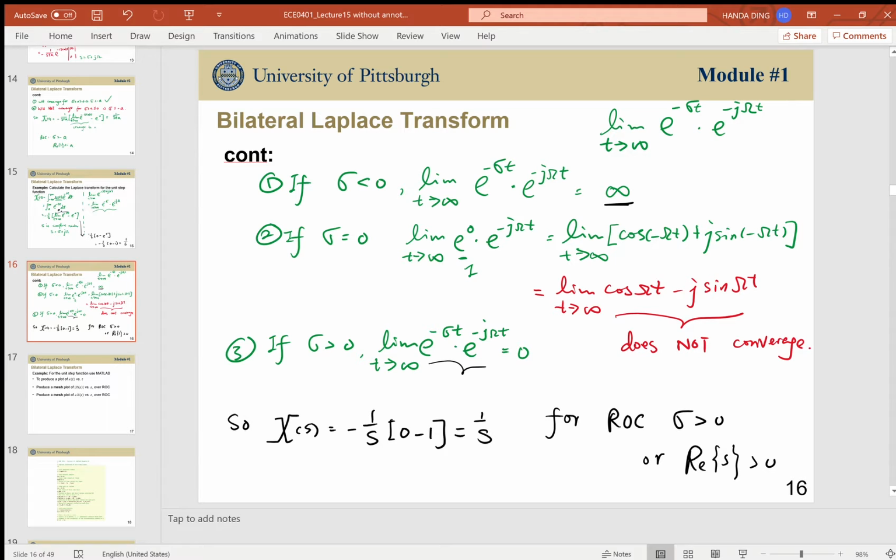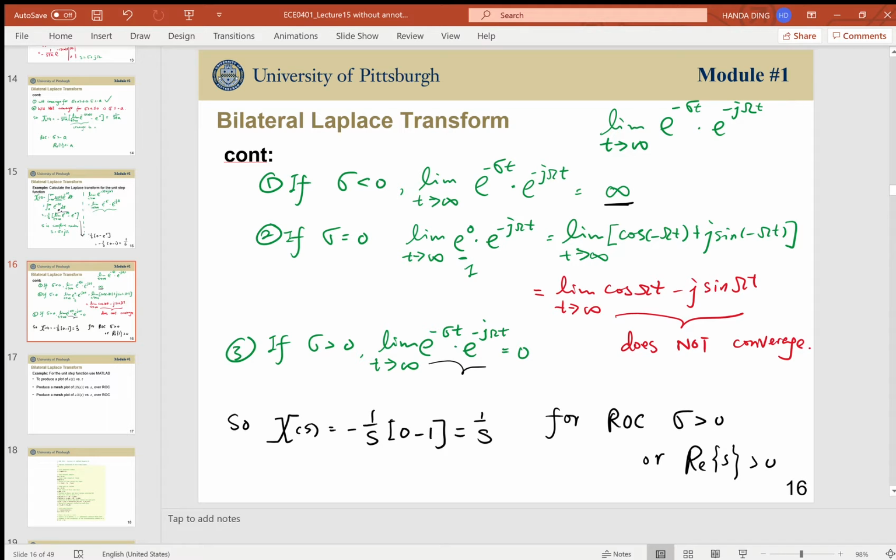Yeah? Why does the imaginary part converge to 0 when sigma is greater than 0? That's a good question. Maybe you can see the MATLAB plot, maybe easier for you to see. Okay. Any more questions?